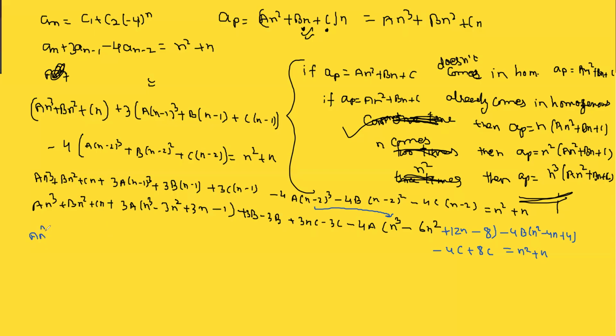An cube, bn square, cn, 3 an cube, right. 3bn, minus 3b, minus 4 an cube.